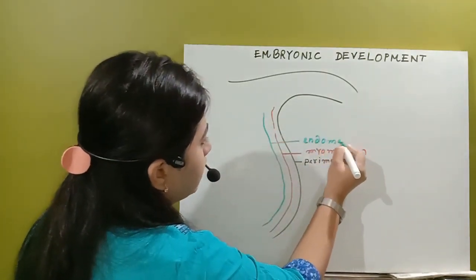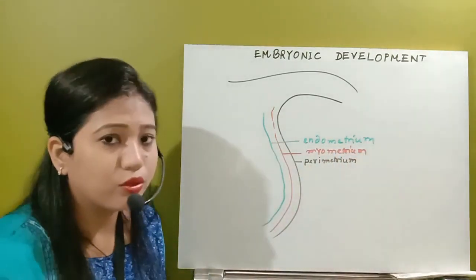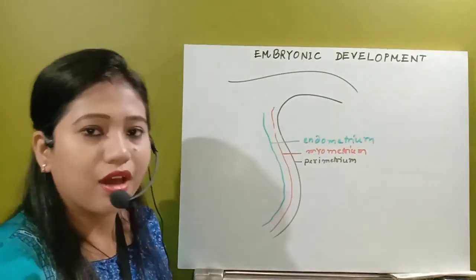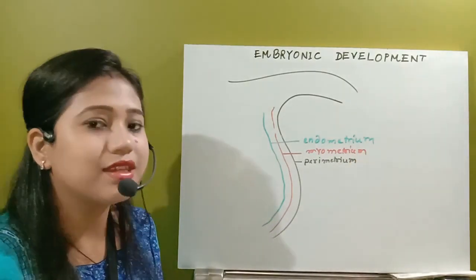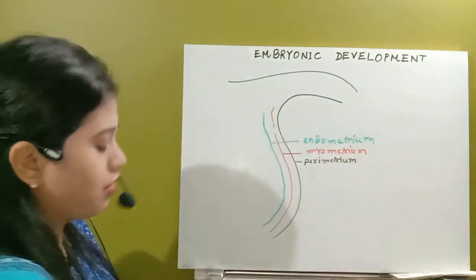So here this endometrium will have a reaction with the morula, and that reaction is called the decidual cell reaction. So let's see what that decidual cell reaction is.